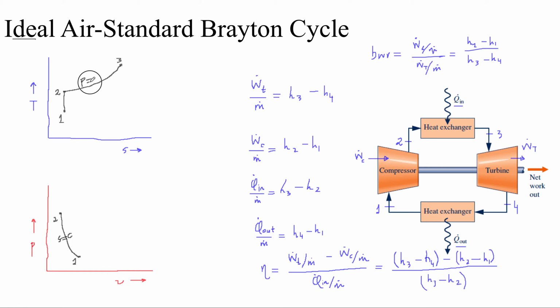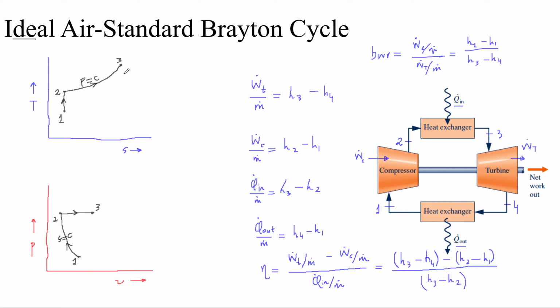And 2 to 3, for it to be a constant pressure line, has to be a horizontal line here. So we've got 2 to 3 here. We should indicate the direction of the processes not just by the state numbers, but by arrows as well. So you've got 1 to 2 here, and 2 to 3 over here as well.